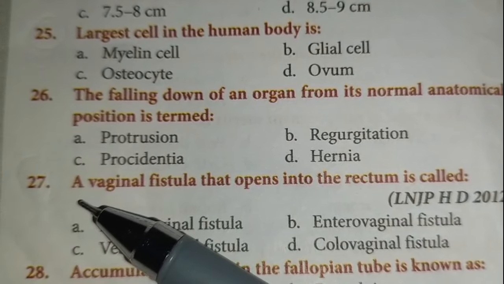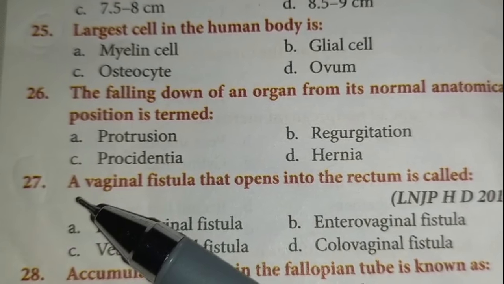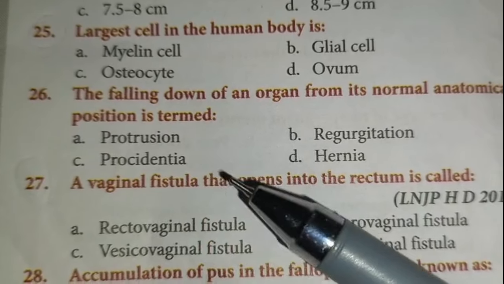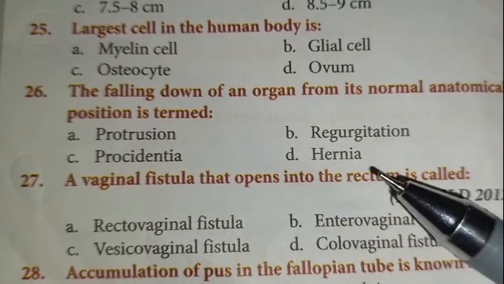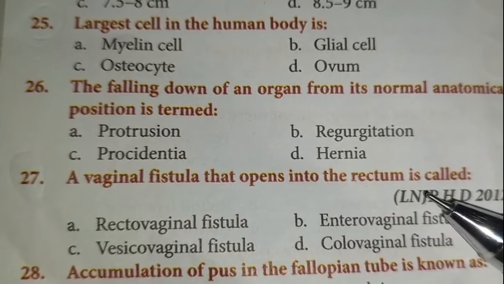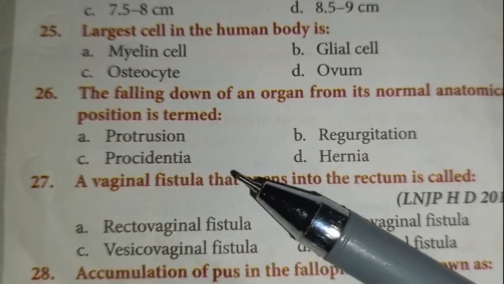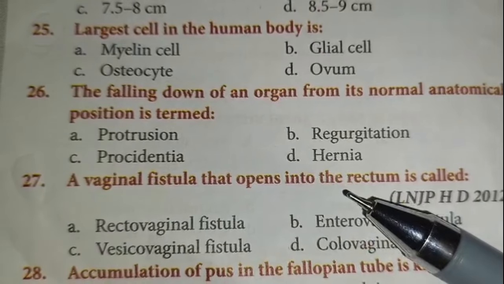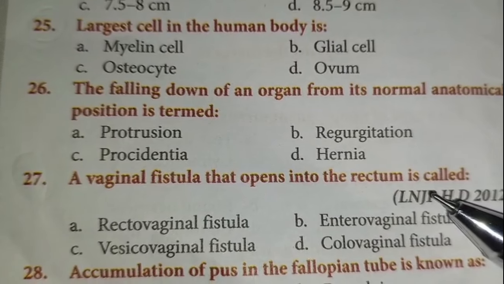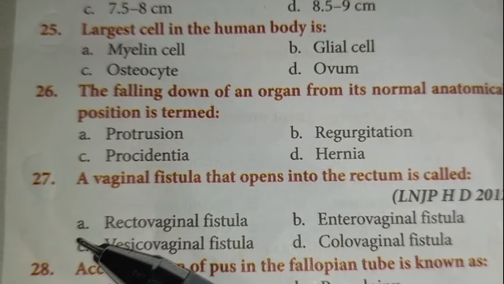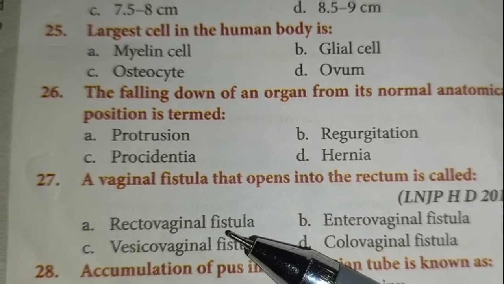And the next important question is, a vaginal fistula that opens into the rectum is called. Once again, a vaginal fistula that opens into the rectum is called. Option A, rectovaginal fistula.